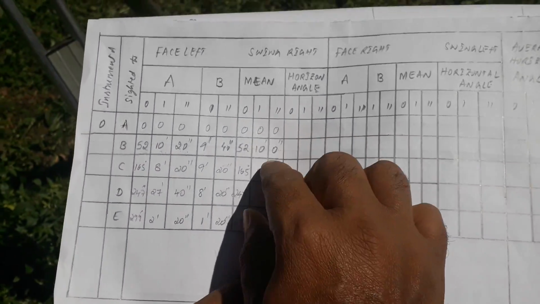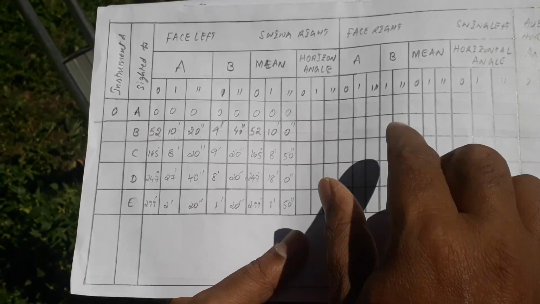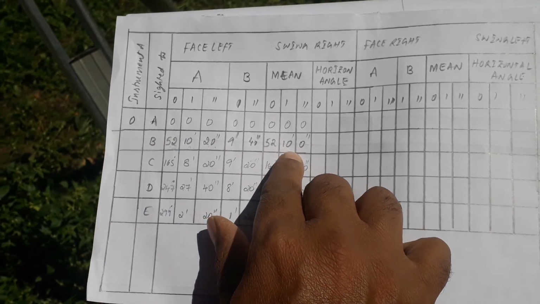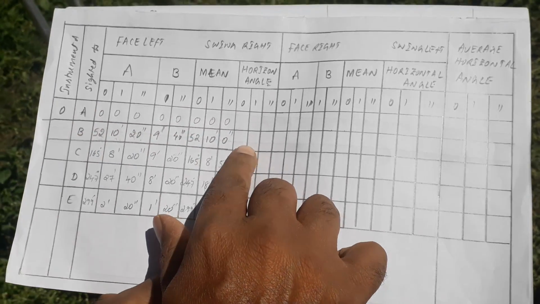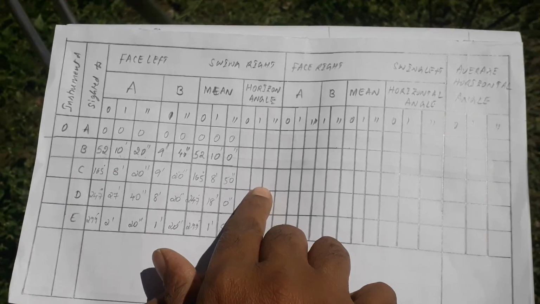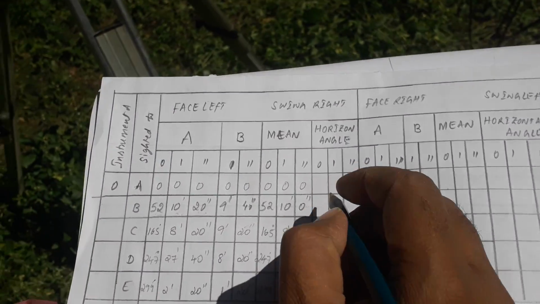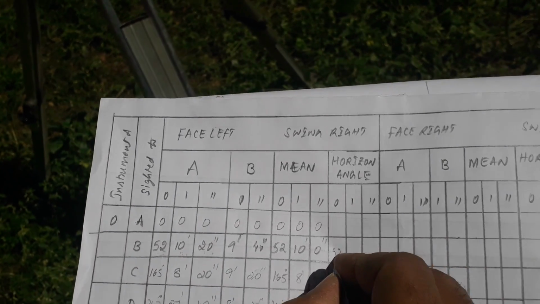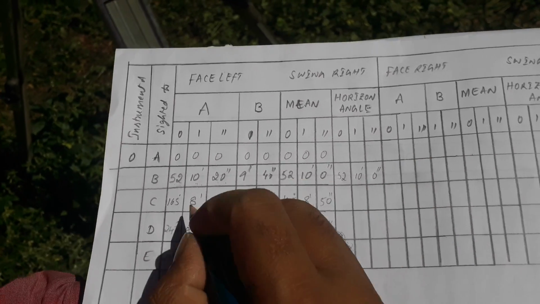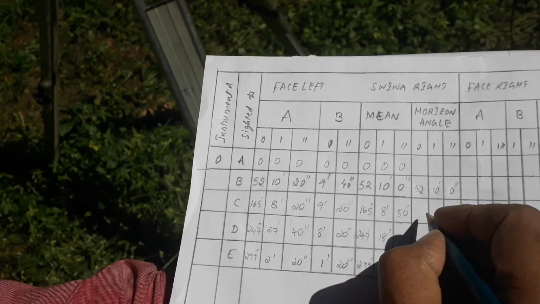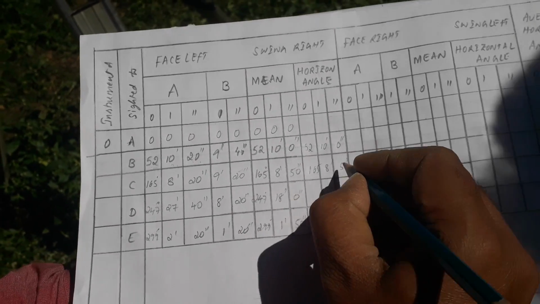Now if I want to find angle AOB, the angle AOB is 52 degrees, 10 minutes, 0 seconds. This is the angle between stations A and B. Angle AOC is 165 degrees, 8 minutes, 50 seconds.